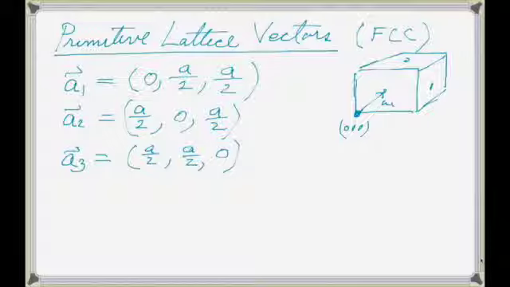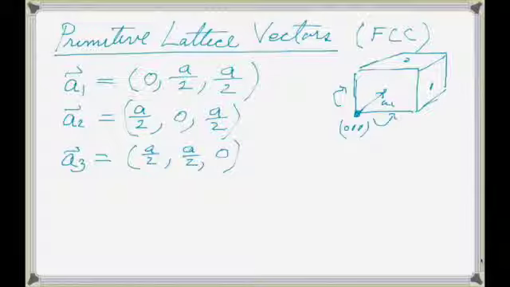There'd be one pointing to the face atom here, and there's one pointing to the face atom underneath, and I'm not a good enough artist to draw that. So these 3 A vectors are pointing to the 3 nearest face atoms on the base and on the 2 sides. And they define the periodicity of the lattice.